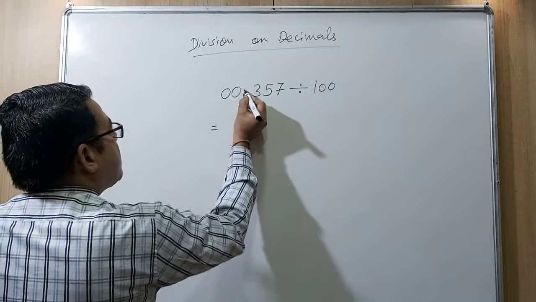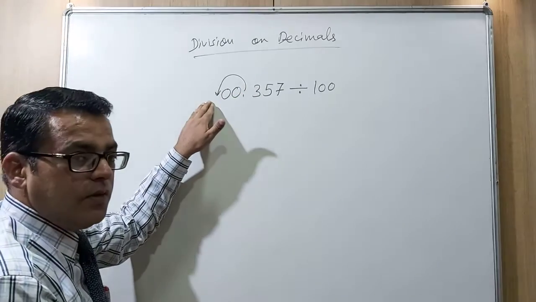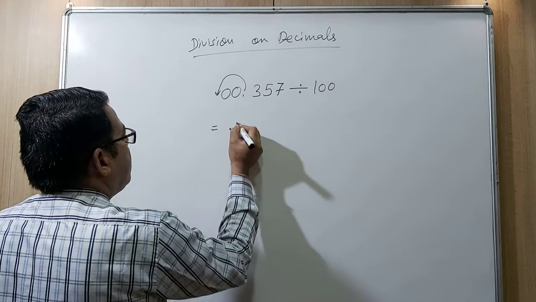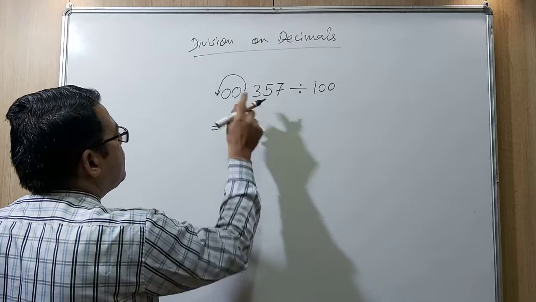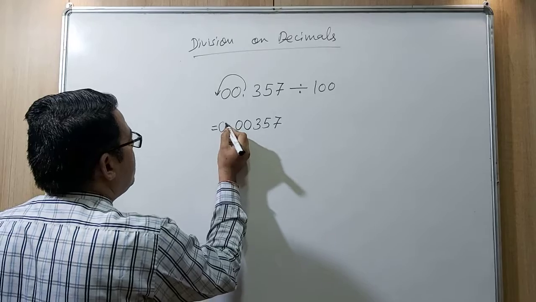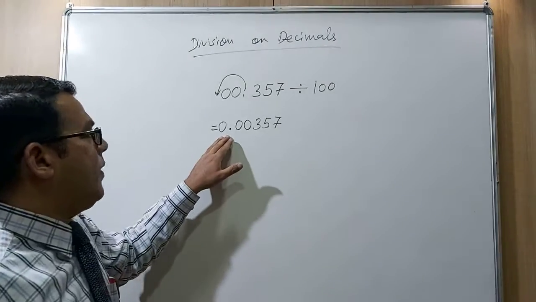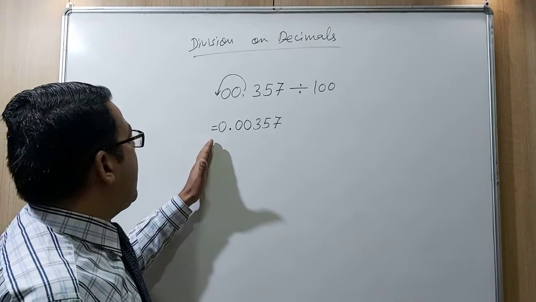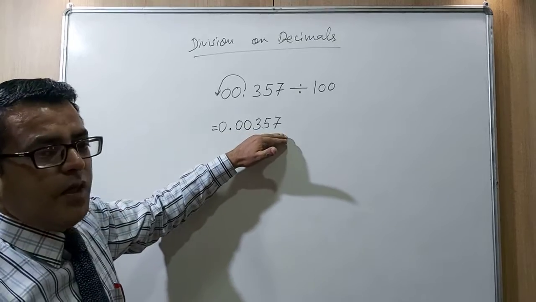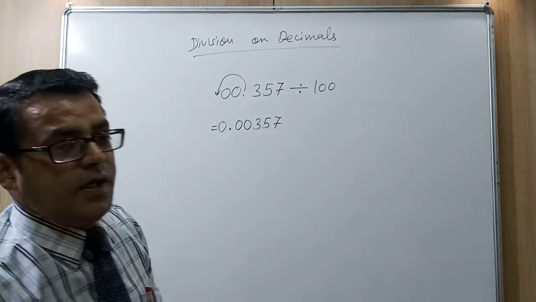Now we can shift this decimal point after this 0, right? So our decimal point will come here, and then the 2 zeros, these two, then the rest of the digits, and one more 0 we can put just before the decimal point if we do not have any digit there. So what we have here now? We have 0.00357 after dividing 0.357 by 100.